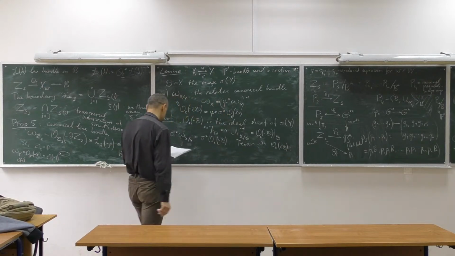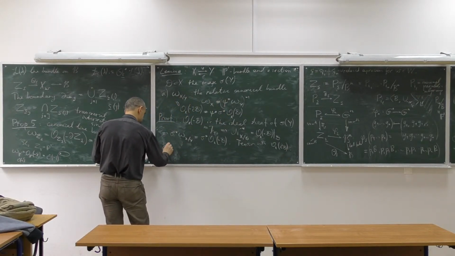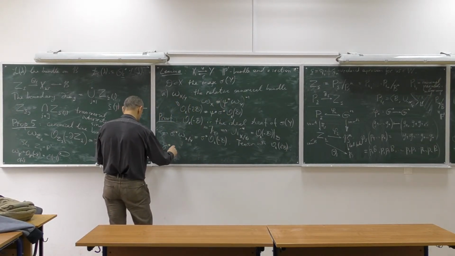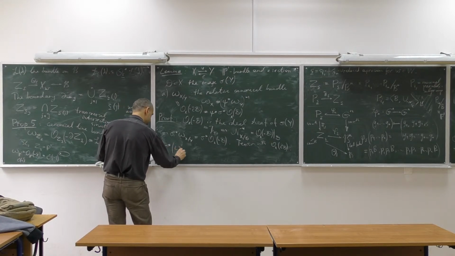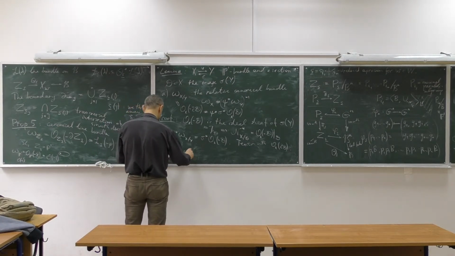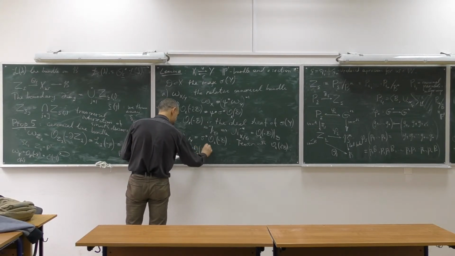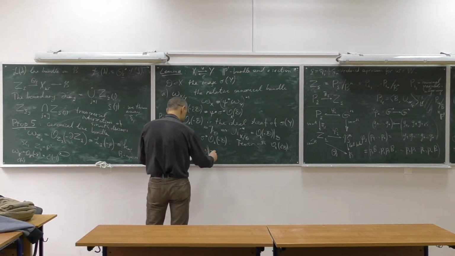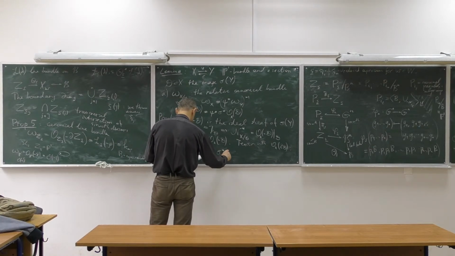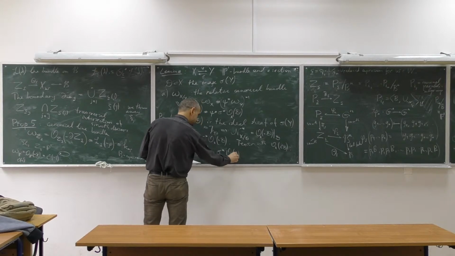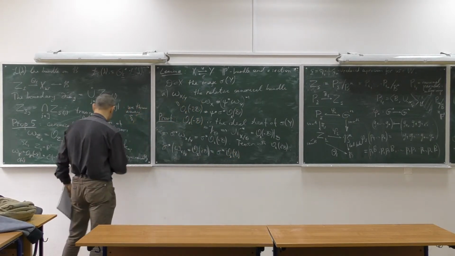And what we get is the pullback with respect to section of the relative canonical line bundle, tensor O_X of 2D, is the pullback of O_X of D. Okay, so we proved A.